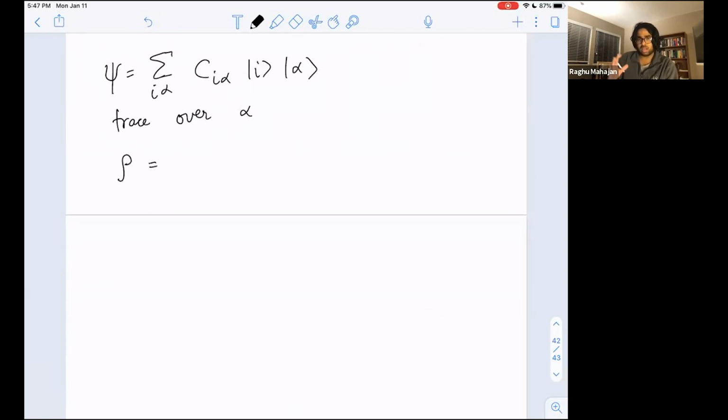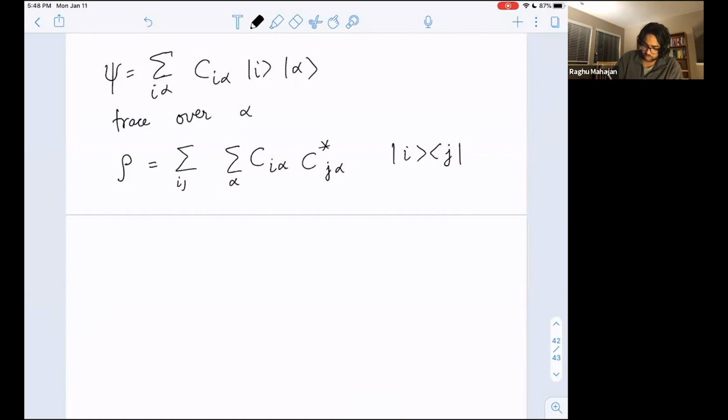We have to take psi and psi star and do the trace. So we have C_i alpha, C star_j alpha, summed over alpha, |i><j|, and then there's a sum over i and j outside. So this is our density matrix for the first system.